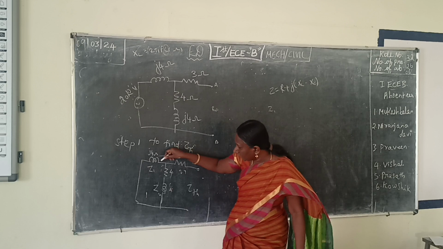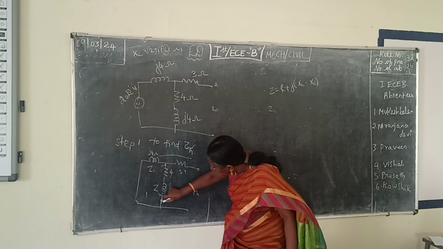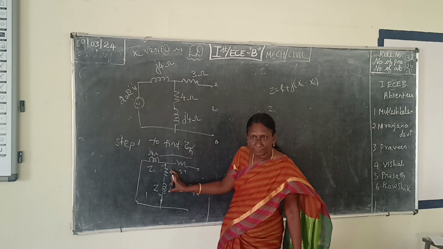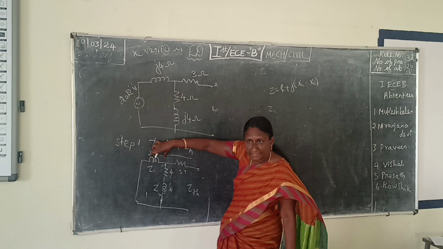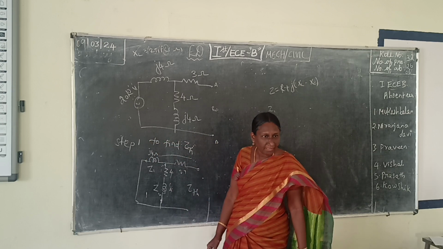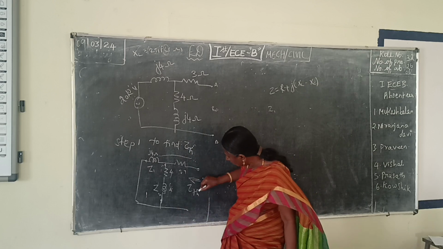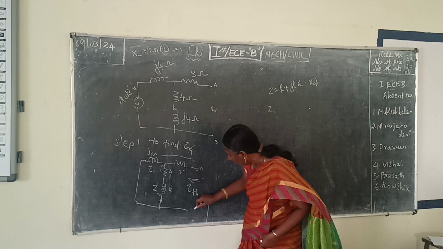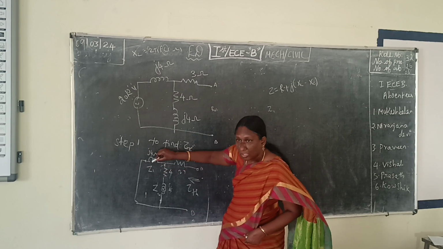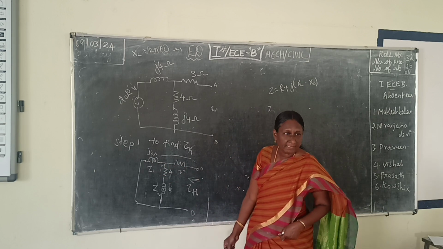When you consider this as Z2, these two become terminals. Now we are going to find the result at terminals A and B. Can you say whether the connection of Z1 and Z2 is in series or parallel?